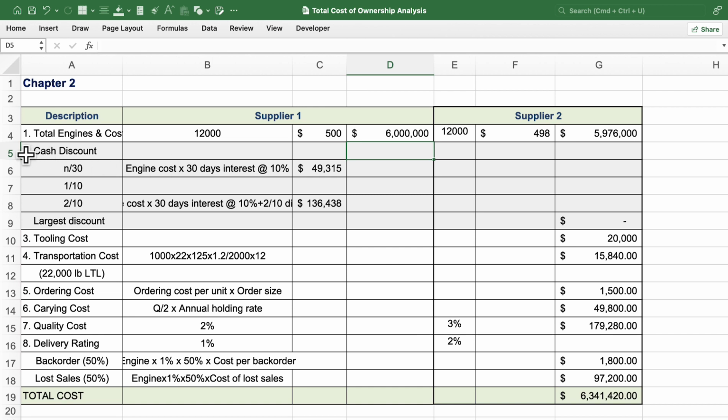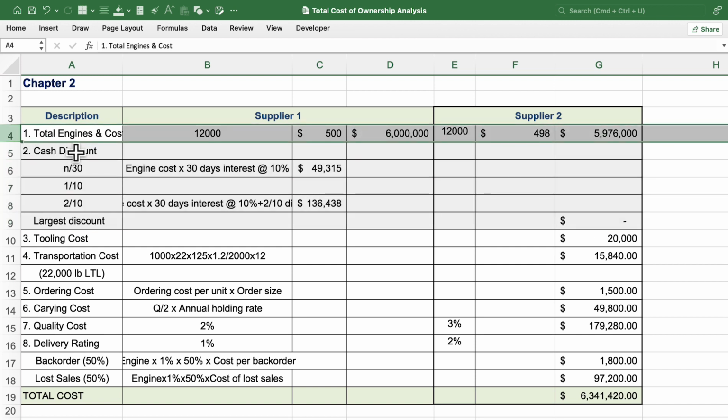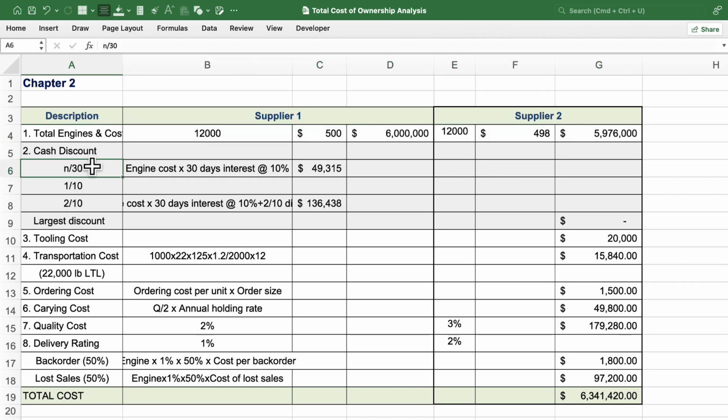The next category is cash discount, which is about making payment to the supplier. When you are buying engines, you have to make a payment to the supplier, and for that we'll be discussing a number of options. One is N30, 1/10 and 2/10. N30 is where a buyer makes the payment on the 30th day after receiving. 1/10 is when a buyer makes a payment within 10 days and is eligible for a discount of 1%.